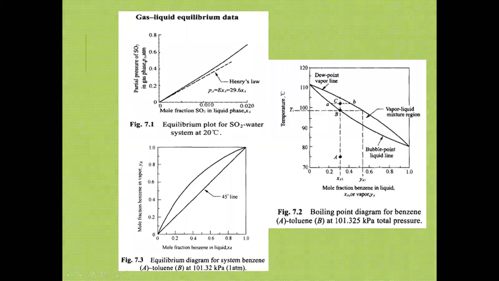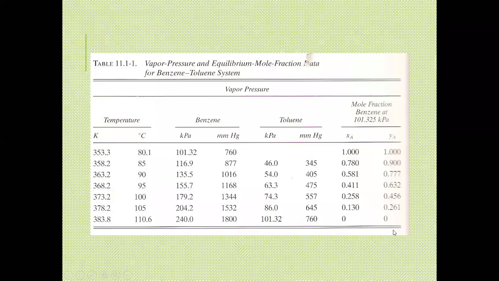You have to plot this. For a particular temperature, you have to plot XA and YA. And then at a particular temperature approximated in your curve, because it will never be linear, you read the corresponding XA or YA. You cannot interpolate.